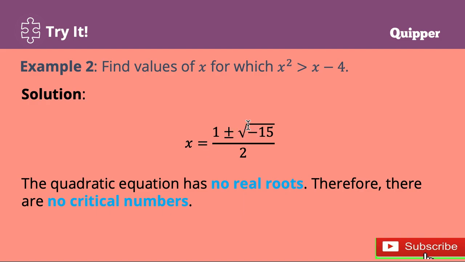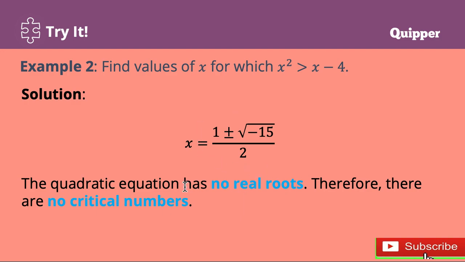Next, the square root of negative 15 is an imaginary number. There's no such thing that if you multiply it by itself twice, the result is negative 15. The square root of negative 15 is an imaginary number, so the quadratic equation has no real roots because this is a complex or imaginary number.